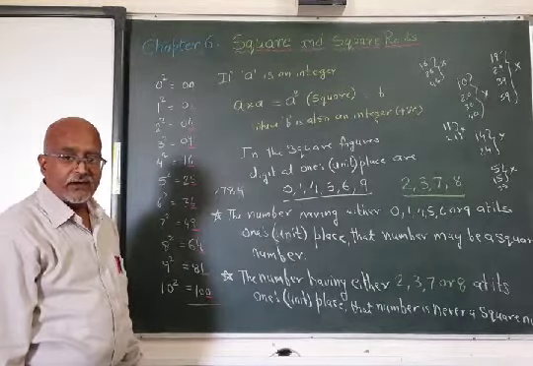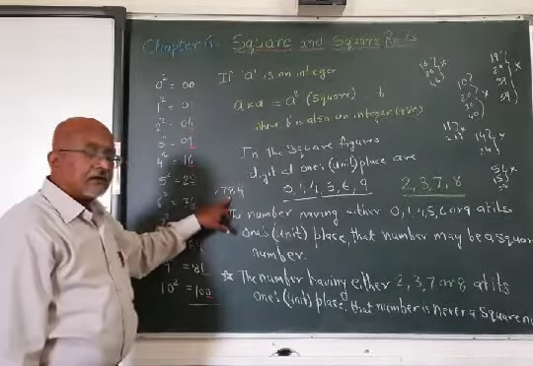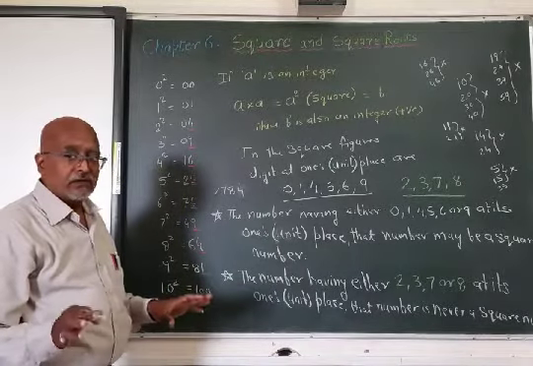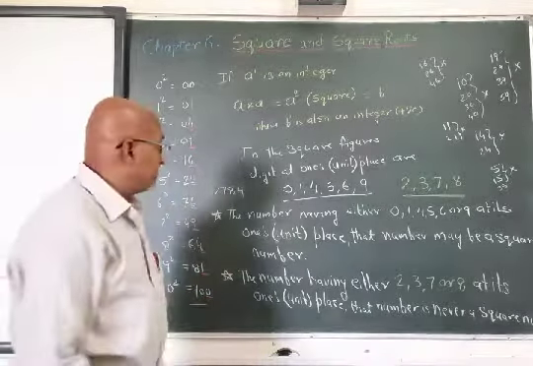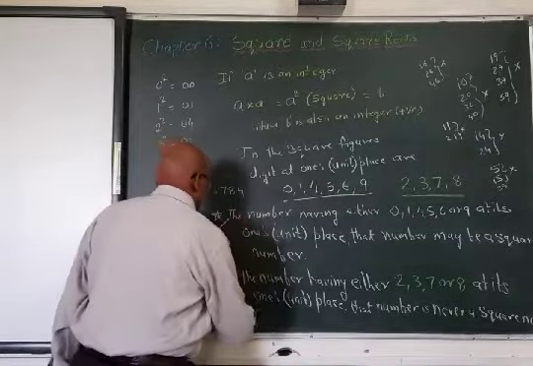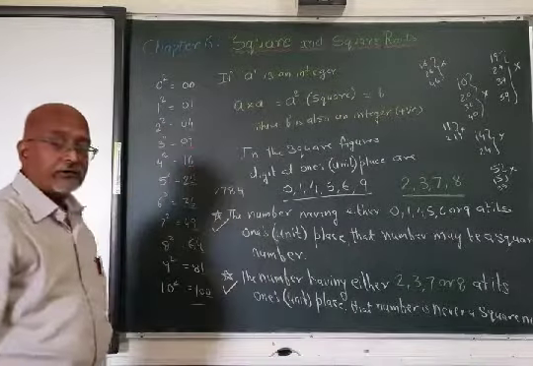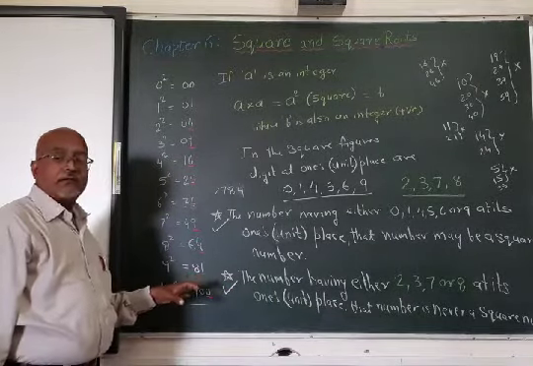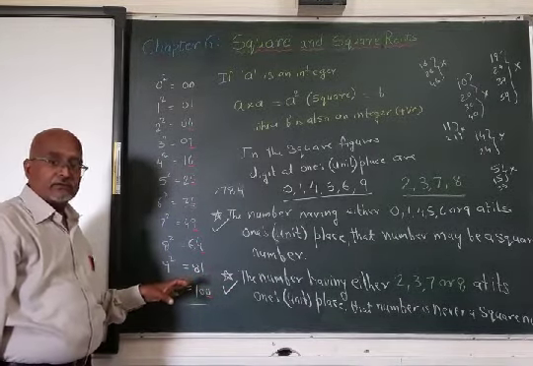By prime factorization you can find out whether this number is a perfect square or not. Got it clear? So these two are the properties of the square numbers. These two you have to remember nicely. It may be asked in the examinations also.